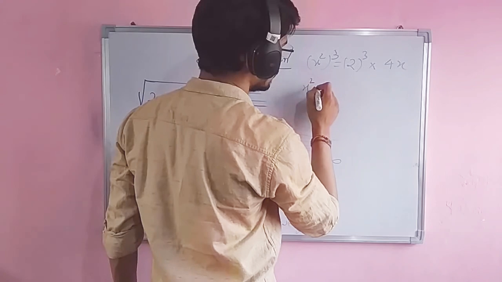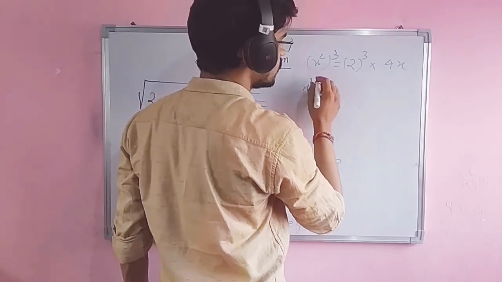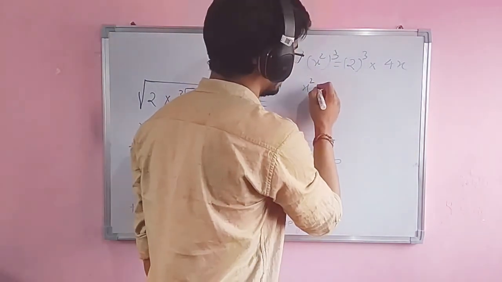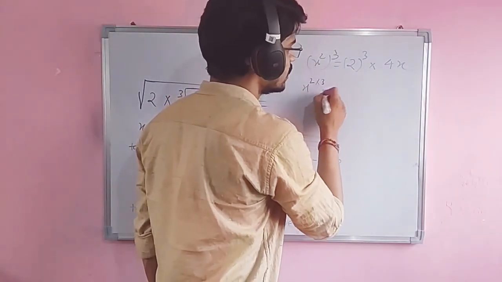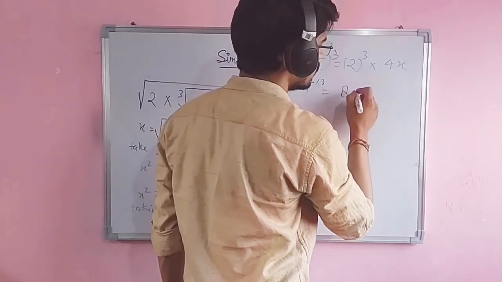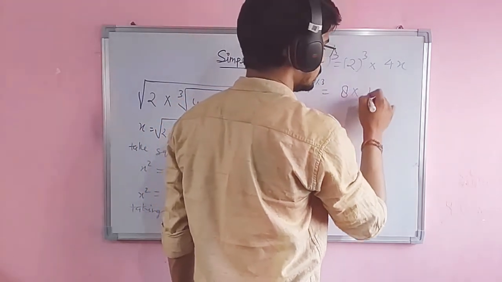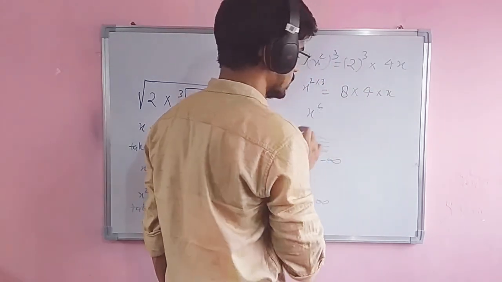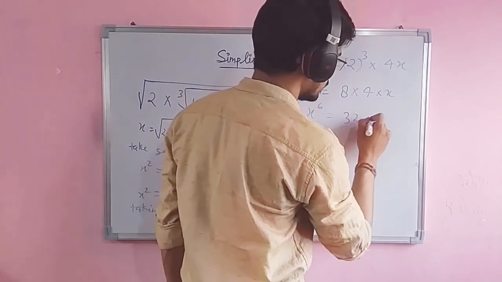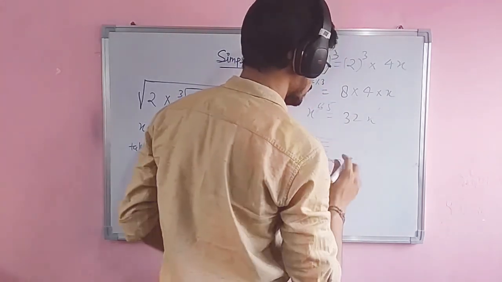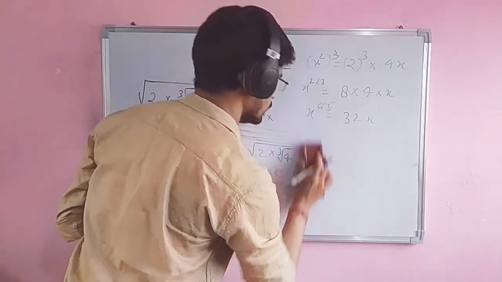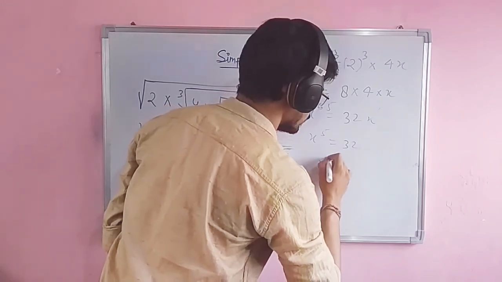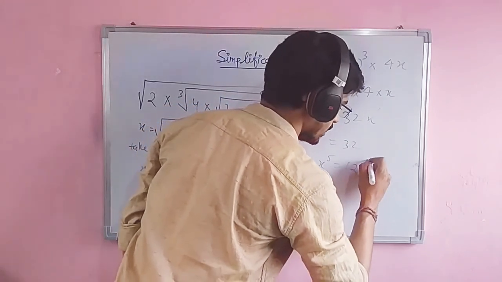2's power 3 is how much? 8. And here 4 multiplied by 8 is equal to 32x. So x power 5 is equal to 32, and 2's power 5 is 32.